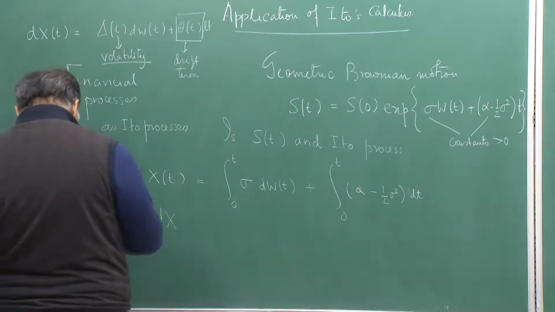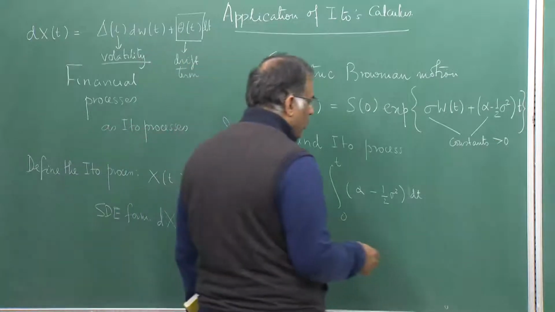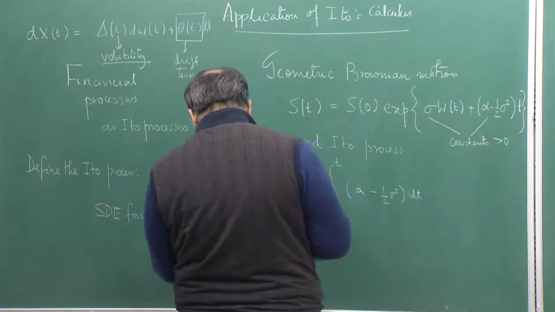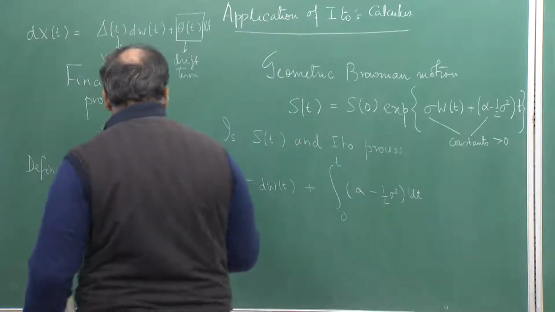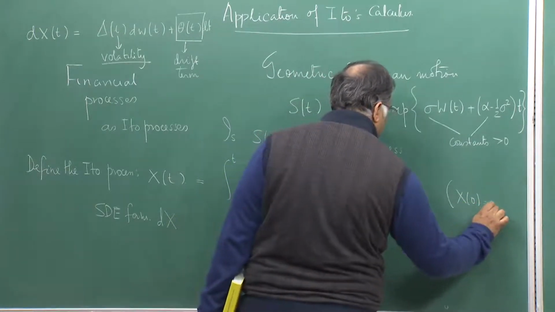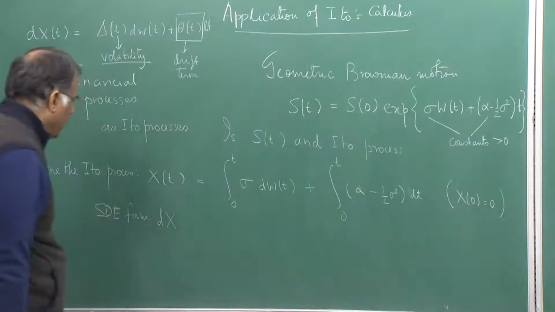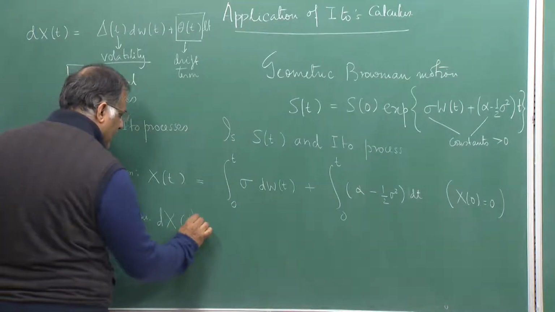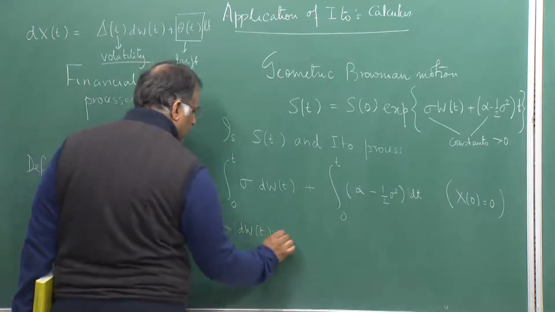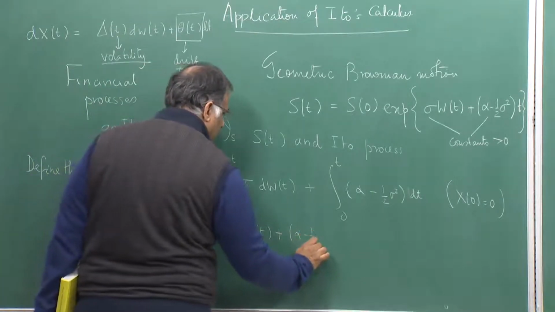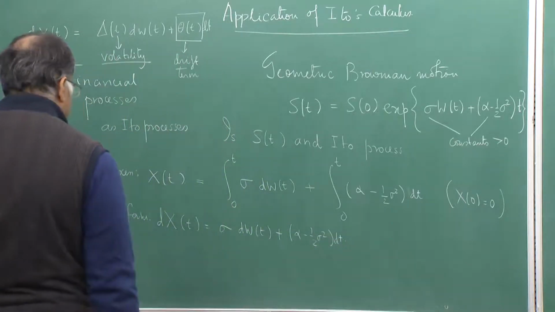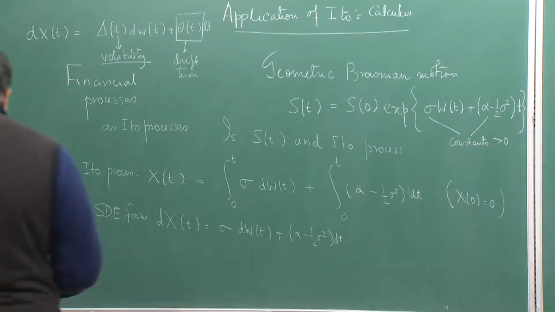You may ask what about the term S0, because in an Ito process there is a term x0; here we are assuming that x0 is 0. Then I can write this as dX_t equals sigma dW_t plus alpha minus half sigma squared dt. This is the SDE form.